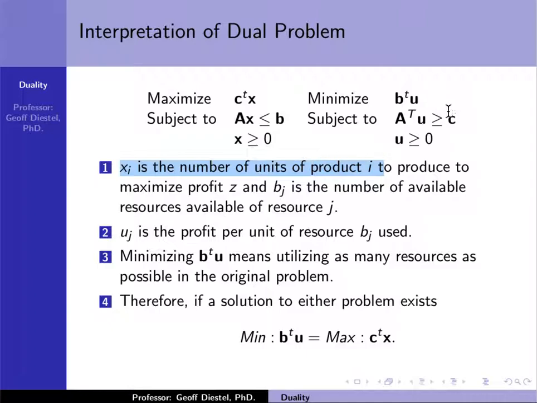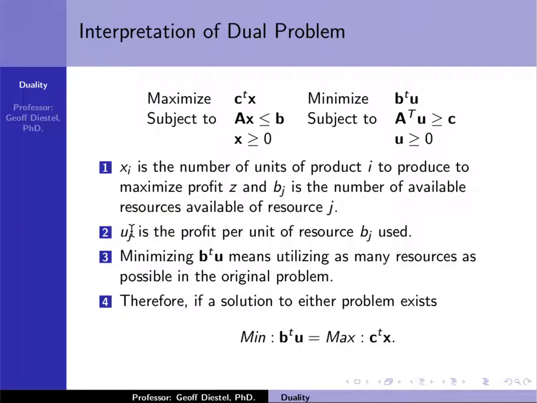So our variables in the new problem, the dual problem, are related to profit because C is in dollars. So the units of A transpose U have to be in dollars. But we already know what the units of the numbers in the matrix A are. They're related to resources and each of our products.